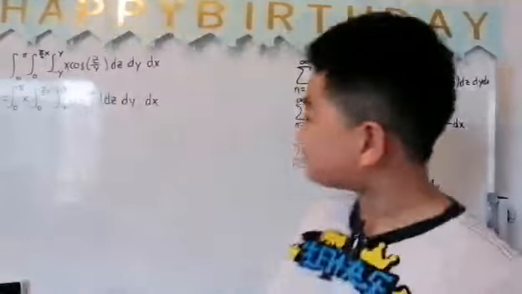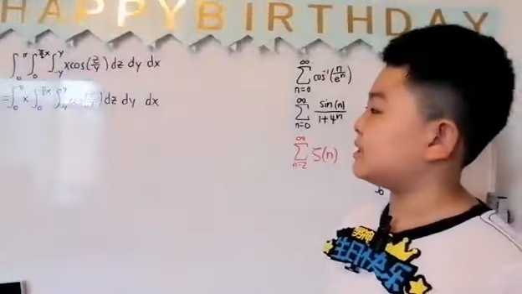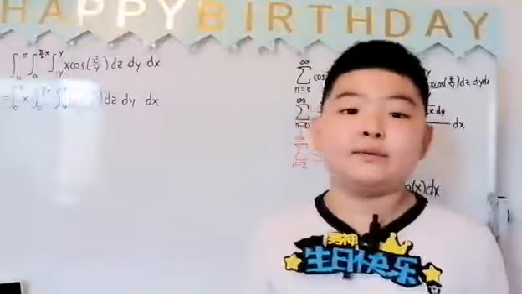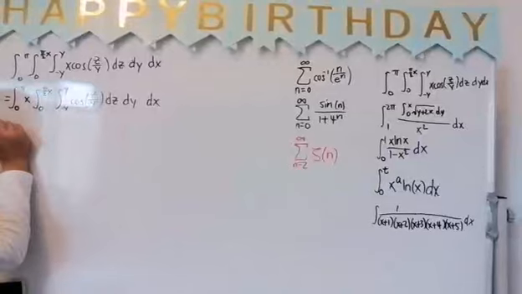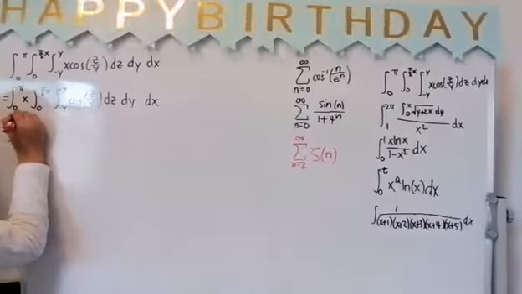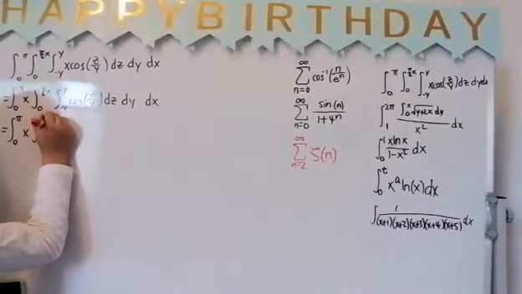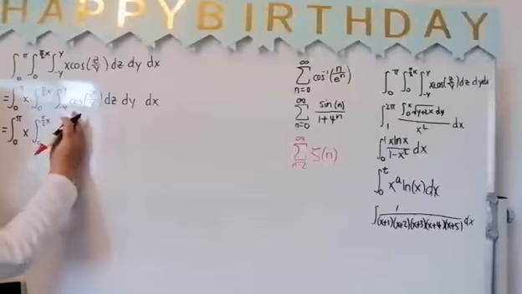And then, what happens if we integrate cosine of z over y, when y is just a constant? Well, we get y sine of z over y, and then we just plug in the numbers. So we have here the integral going from 0 to pi of x times the integral going from 0 to pi over 2 times x.